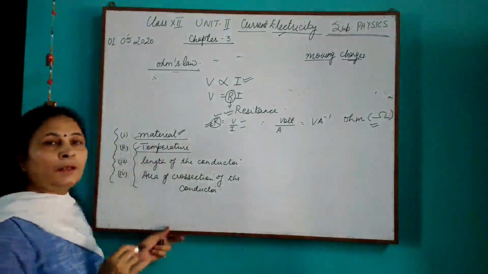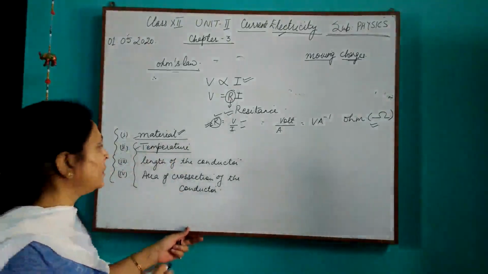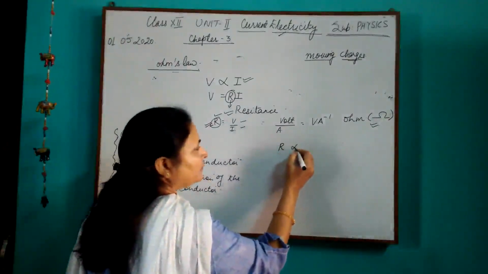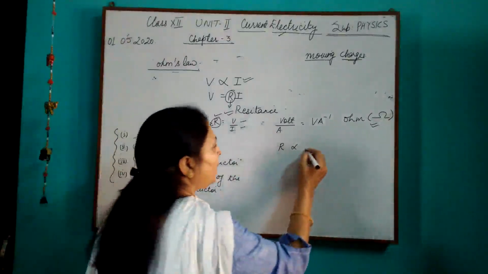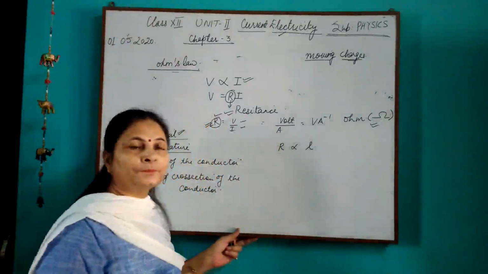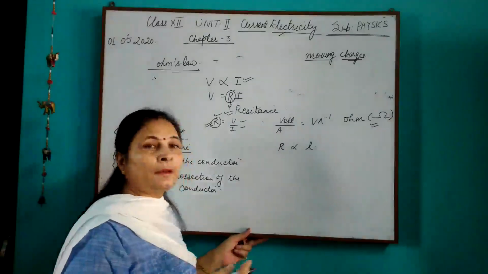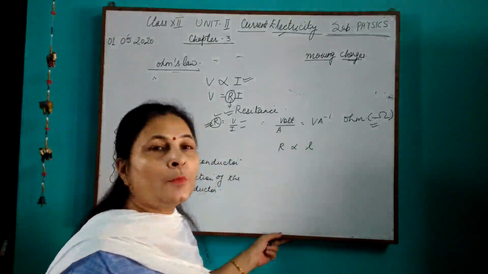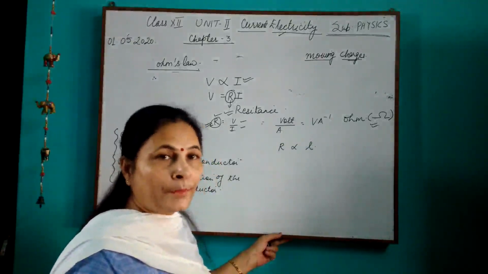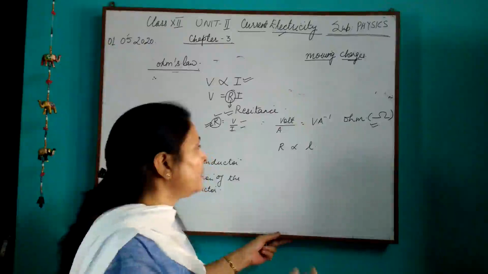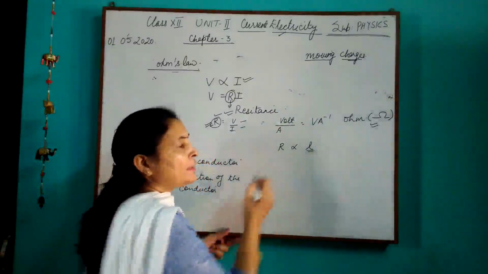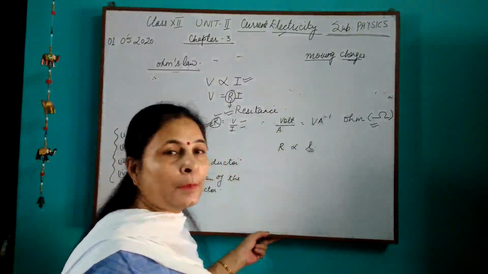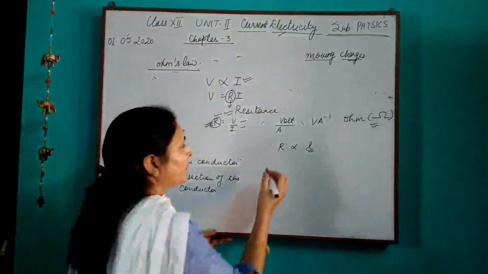A study was done and it was found that the resistance directly depends upon the length of the conductor. You can remember it in this manner: if you are going to travel longer, there is more probability that you will be opposed more. You can have a traffic jam or something like that. So the more length the electron has to cover, the more resistance will be offered by a given material.